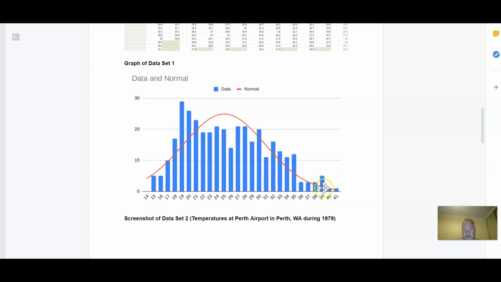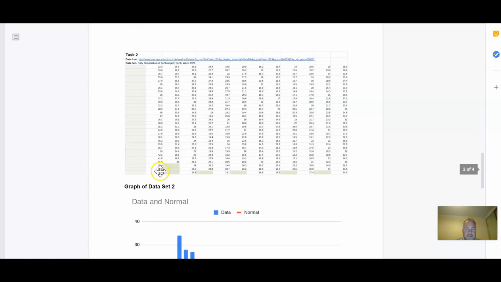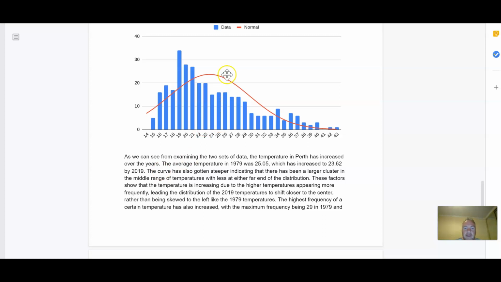And your 38, your 39, your 40 have a pretty average chance of happening compared to your really low temperatures. Go to here and you see how massive that tail is. Okay?